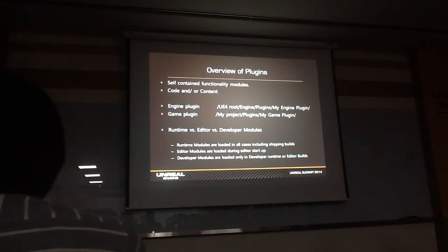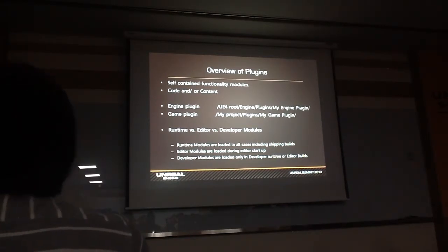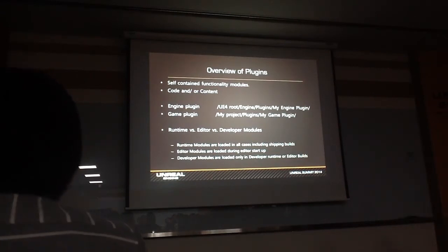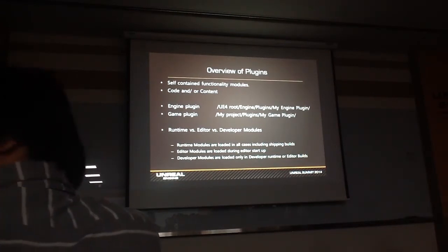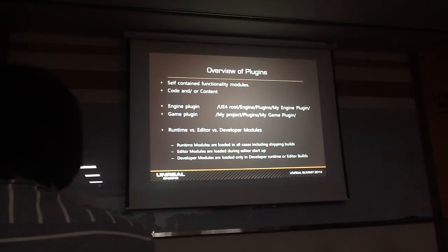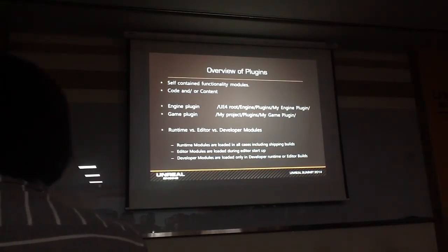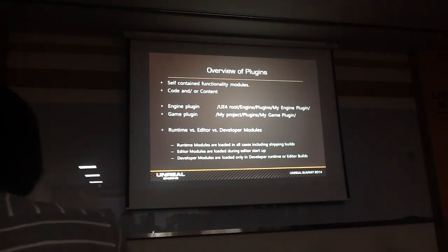A plugin can contain multiple modules, which can each be used and loaded at different times of your game or editor. These modules are defined inside of your uPlugin descriptor. There are three main types of modules.